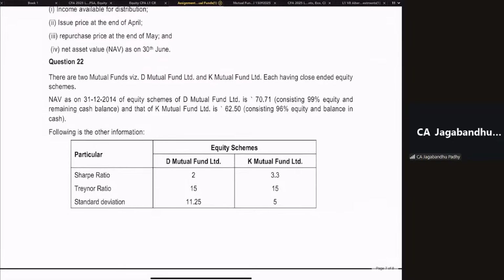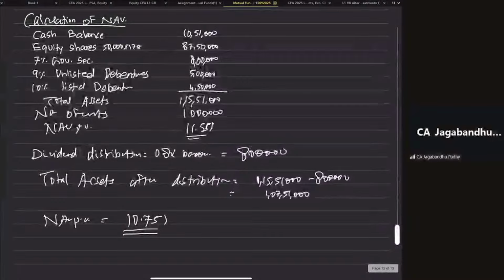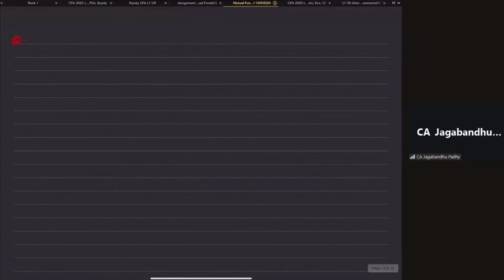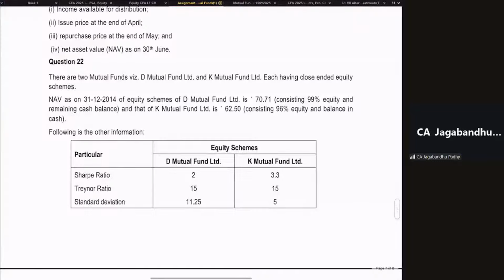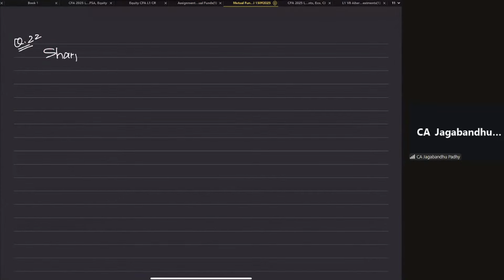Okay, let's do question 22 now, guys, which is based on portfolio evaluation. In portfolio management, do you remember we have learned something called a Sharpe ratio, Treynor ratio? Can you tell me what was Sharpe ratio?